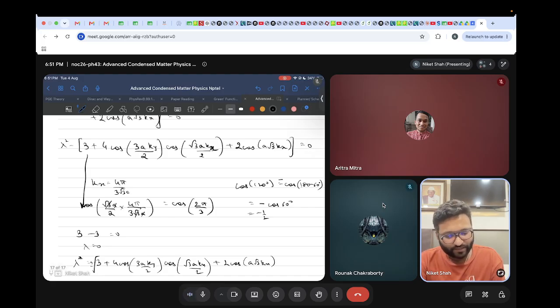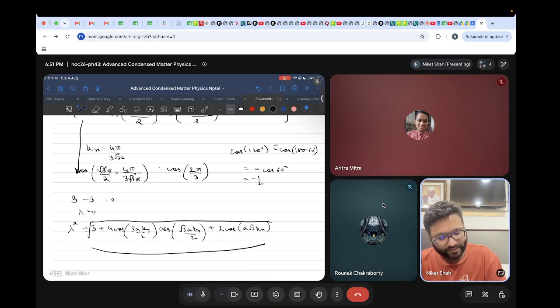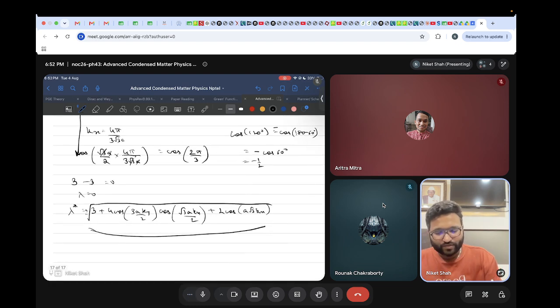Yeah, even that is negative, minus half. So basically this is your dispersion relation. For Dirac points, you want this to be exactly equal to 0. So what we found out was, for this being exactly 0, the k plus and k minus points, the ones which are given here, exactly make the term inside the square root 0. You can check by substitution, but that's the idea. So this is how you get the dispersion.